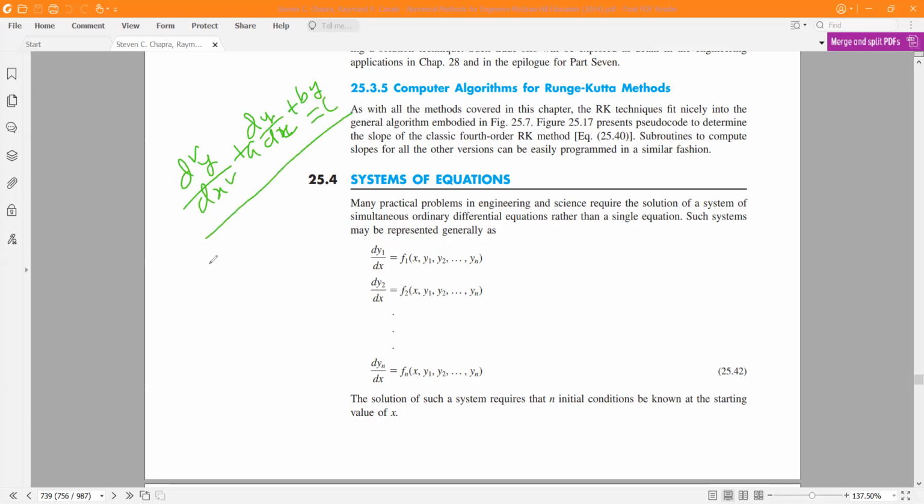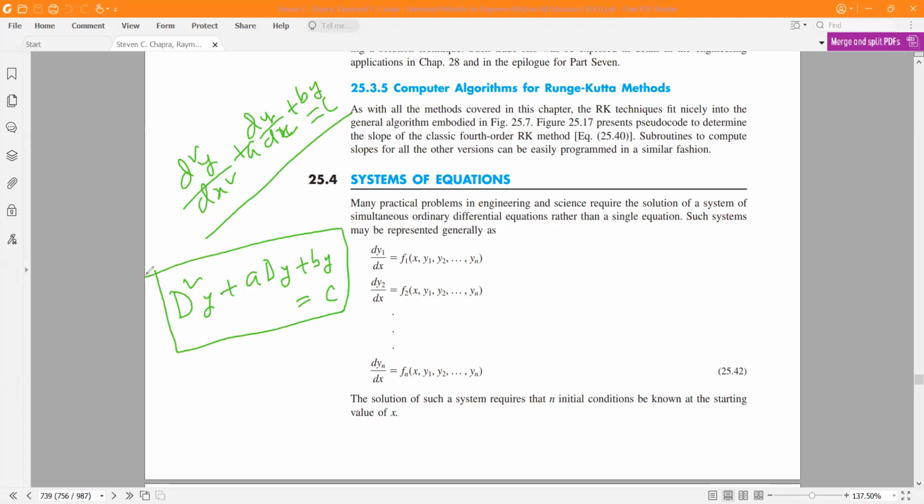If you want to write this equation in operator form, sometimes we write it this way: D2y plus aDy plus by equal to c. Have you seen this form of equation in your text?